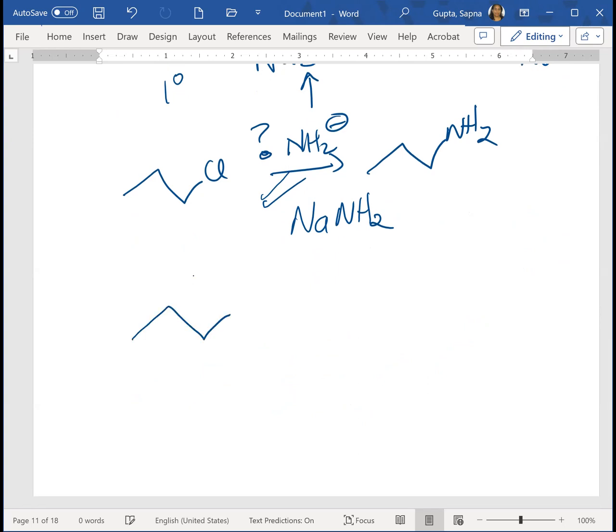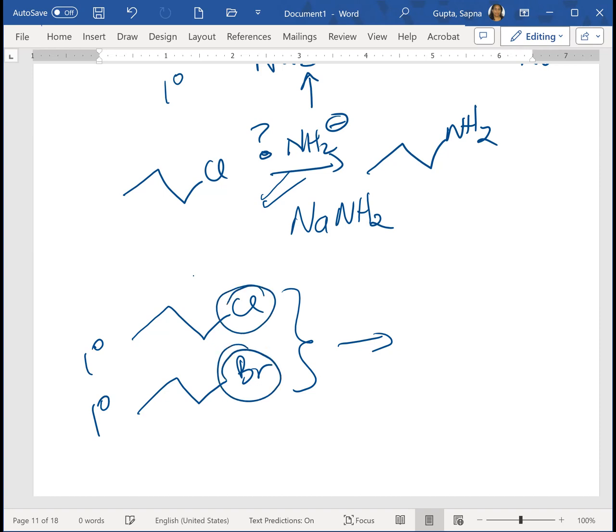So for example, I might ask you, which one is going to proceed faster? Which one is going to go faster? Faster meaning which one is better supported. So you look at both of the substrates, you're like, okay, both of them are primary halides, so that's not different between them. The only thing different between them is that one is a chloride leaving group, the other one is a bromide leaving group.